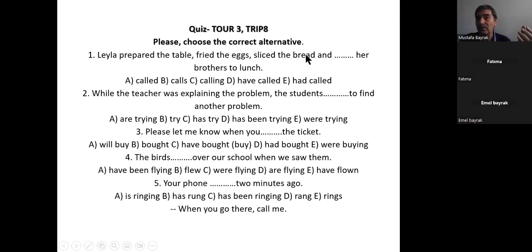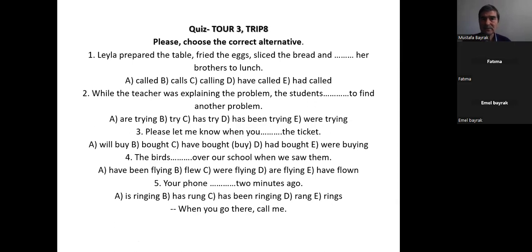Had called, no, it isn't the past perfect tense. So, A is true: called her brothers to lunch. Let me read it once more. It's a good sentence. Leyla prepared the table, fried the eggs, sliced the bread, and, according to the flow of the sentence, called her brothers to lunch. Okay. Invited her brothers to lunch.